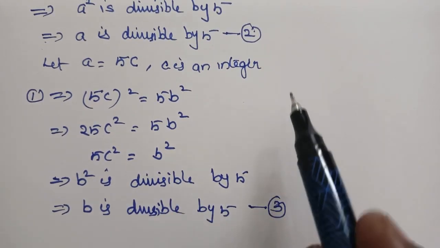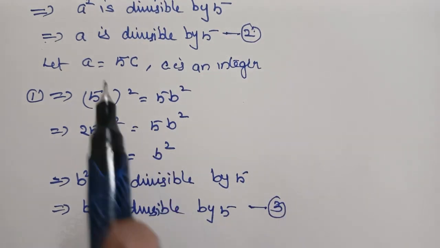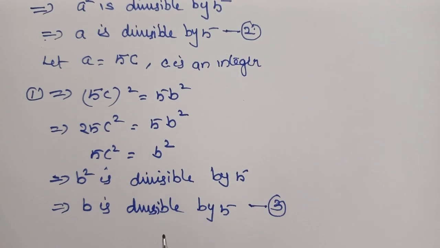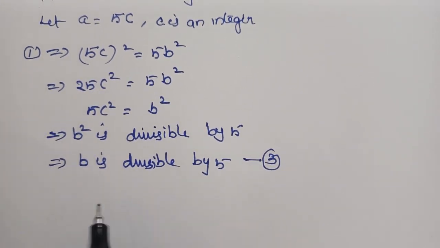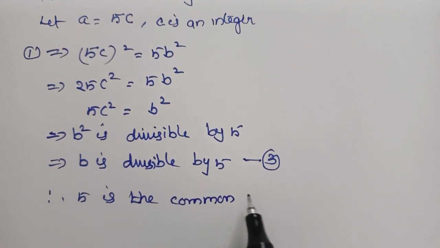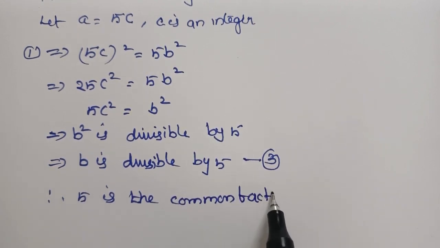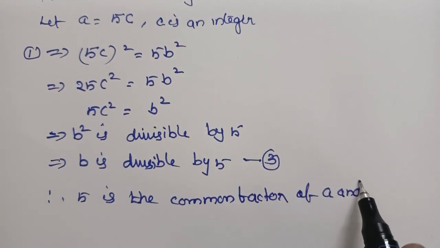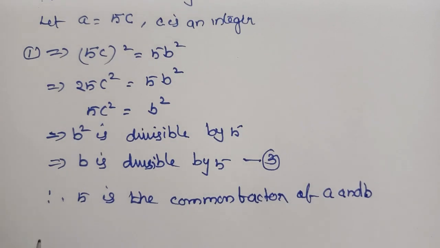Now from 2 and 3, we get a is divisible by 5 and b is divisible by 5, which means a and b have a common factor 5. Therefore, 5 is a common factor of a and b. That is a contradiction.